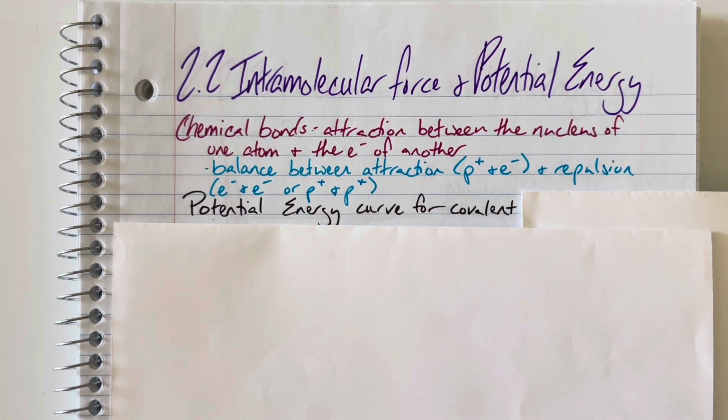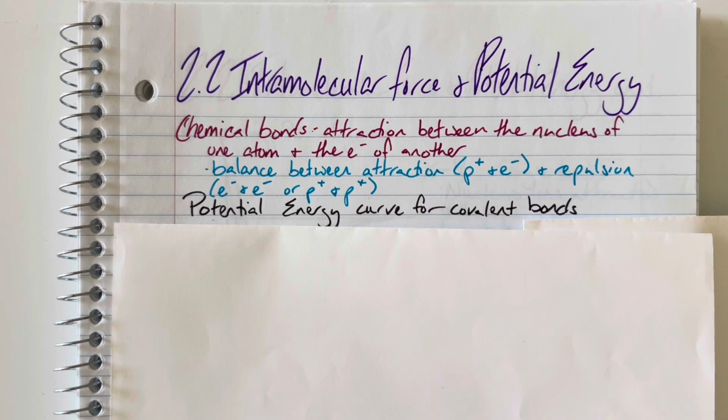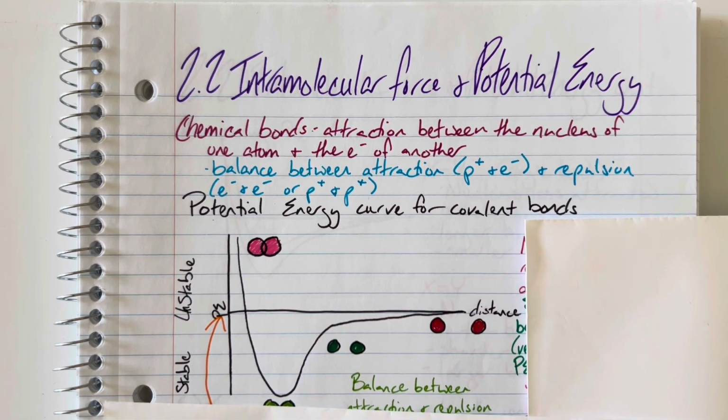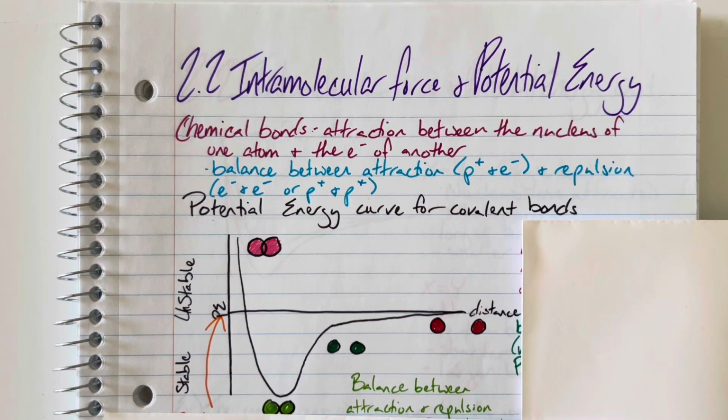So we're going to look at a potential energy curve for a covalent compound, and we're going to see 4 different regions here.